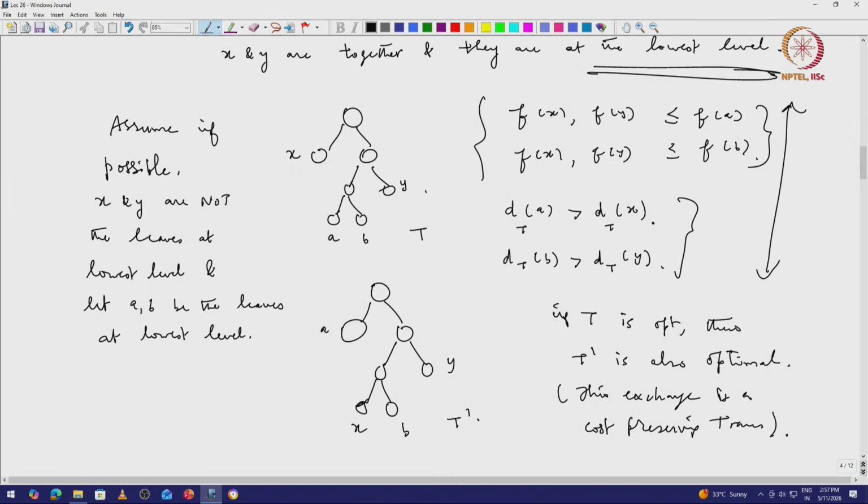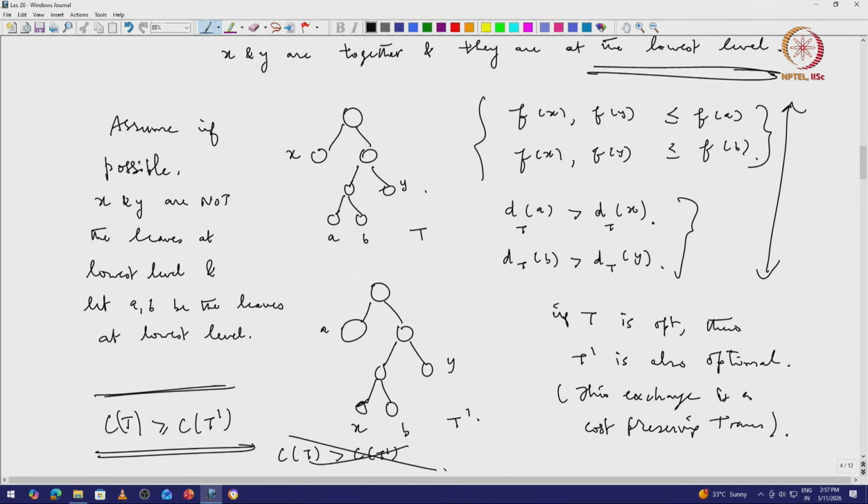So, how do you show that if T is optimal, T dash is also optimal? I am going to show that C of T is greater than or equal to C of T dash. However, since T is optimal, C of T strictly greater than C of T dash is not possible, because T is optimal.